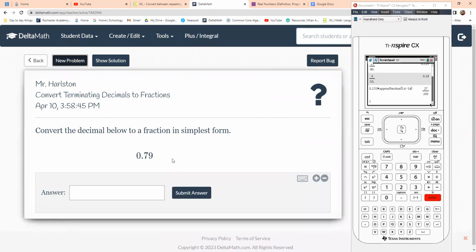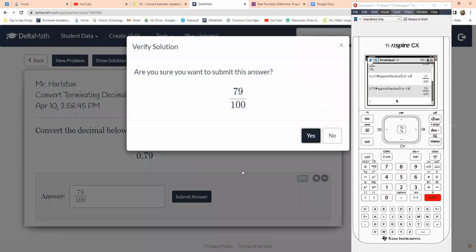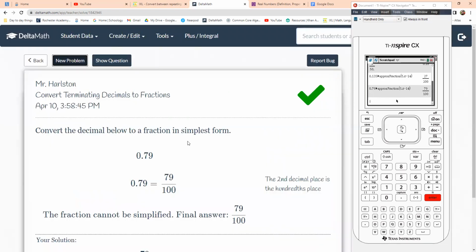All right. So I need to convert this to a fraction. I would just go 0.79, and then I would do menu 22. And then I would go enter, and this one is 79 over 100, which is a pretty basic one because that's 79 cents. So that's 79 hundredths. All right, so boom, that's easy.